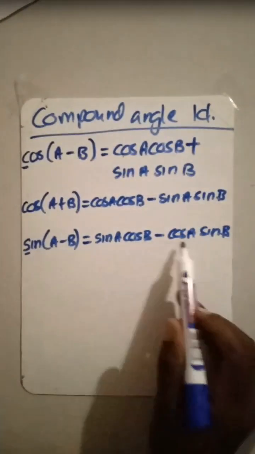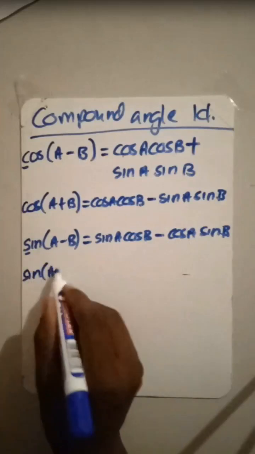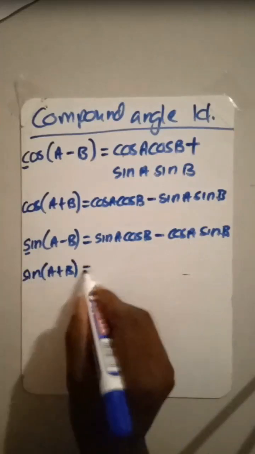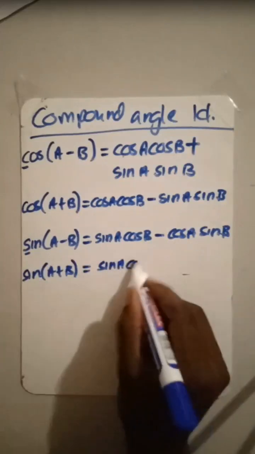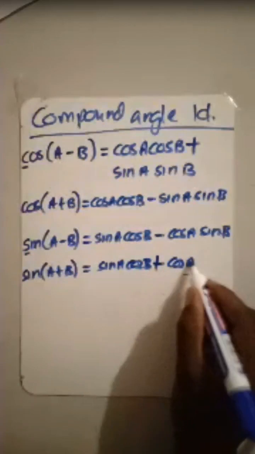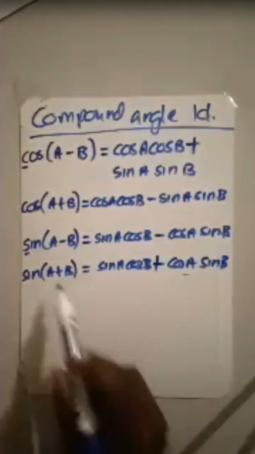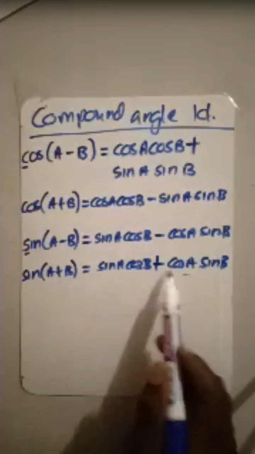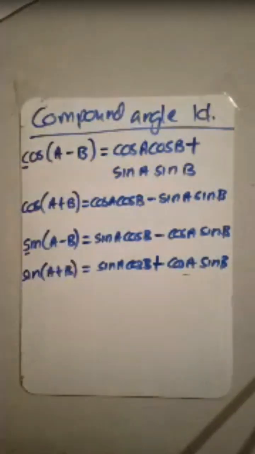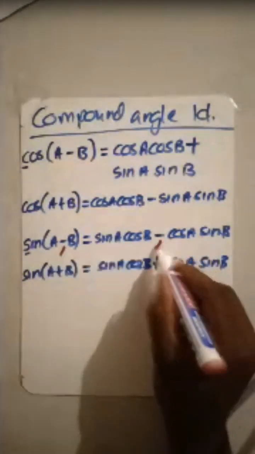Then for sine(A plus B), it is equal to sine A cos B plus cos A sine B. So we see that for sine, the signs are the same. You can actually note that we have a minus here and also a minus there, and a plus there.